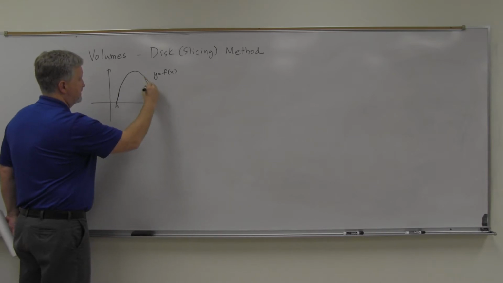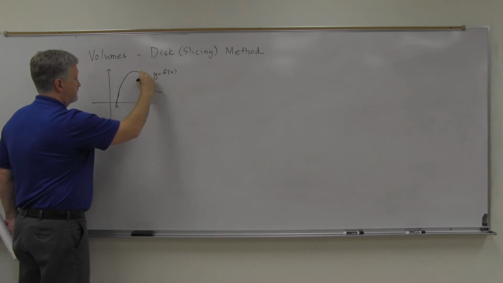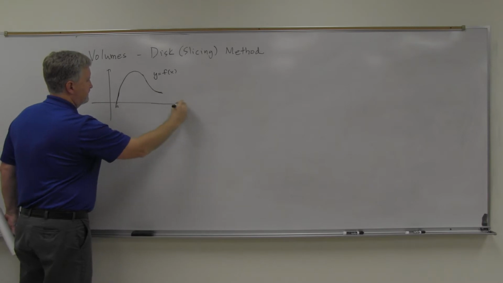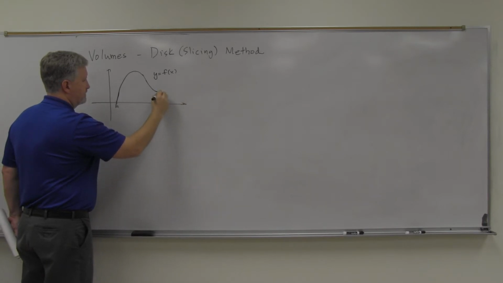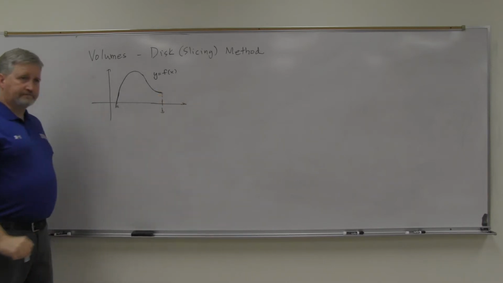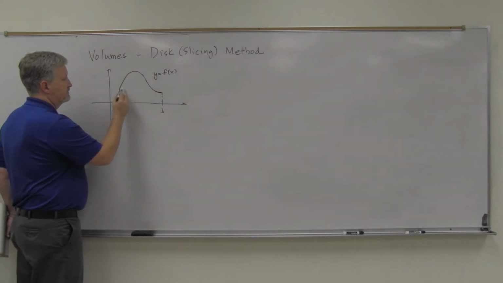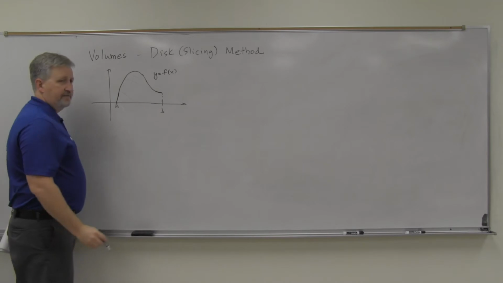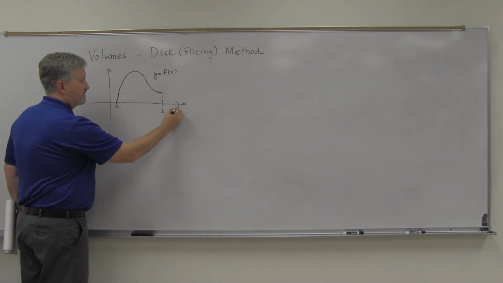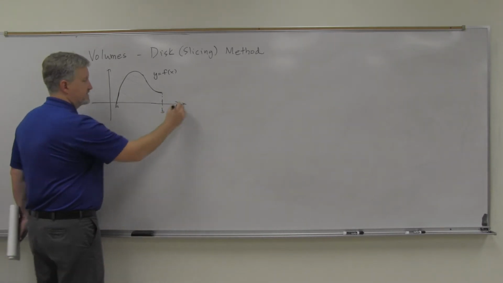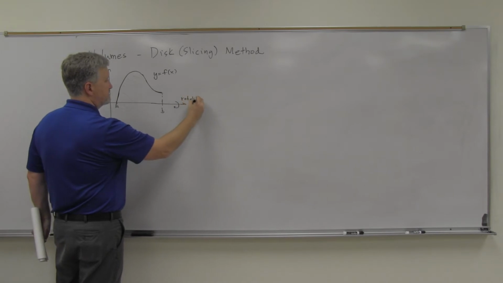I'm going to make it a little bit closer to the x-axis at b. I take that area from a to b, and I rotate it about the x-axis 360 degrees.